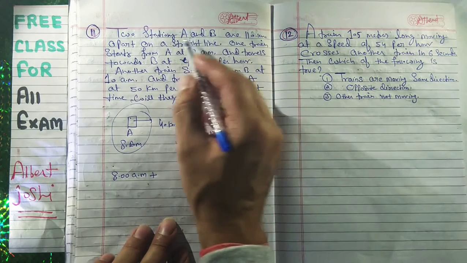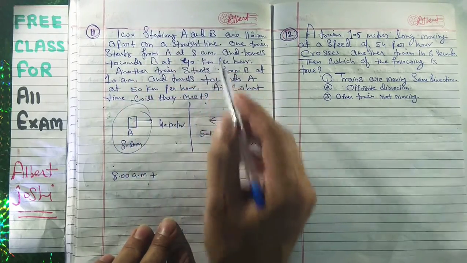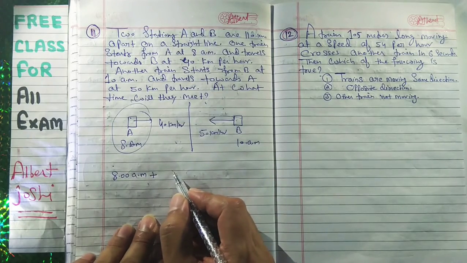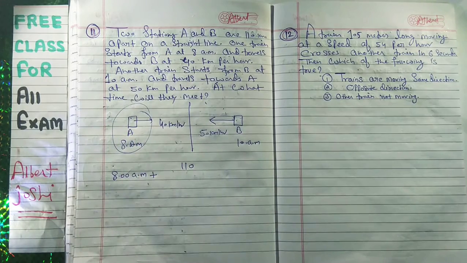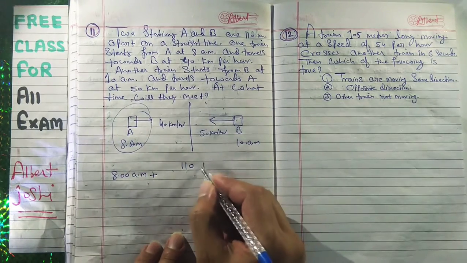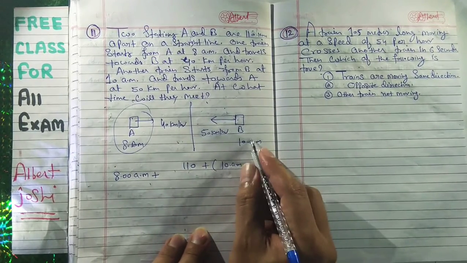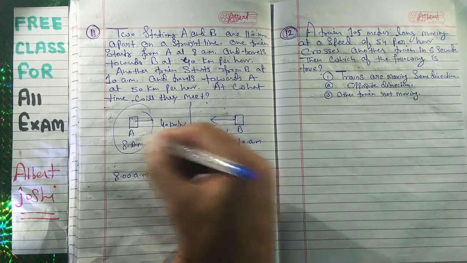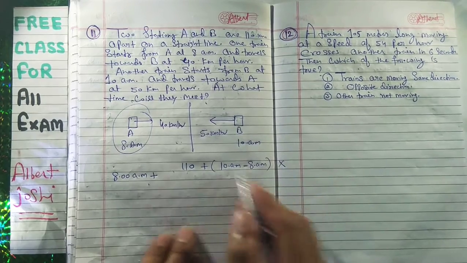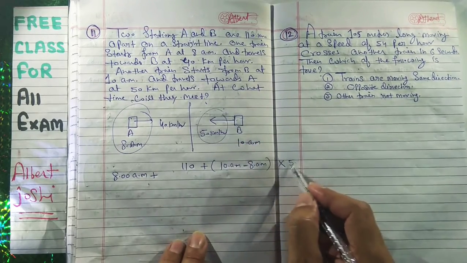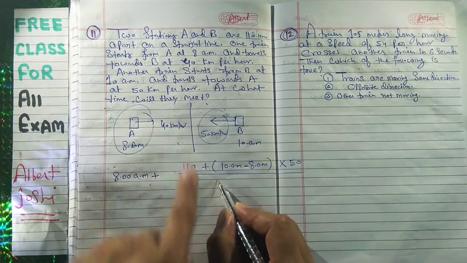Two stations A and B are 110 km apart on a straight line. Total distance, from here to here, plus your timing 10 a.m. minus the timing of the first train, into 50, the speed of this, upon speed of this plus speed of this.